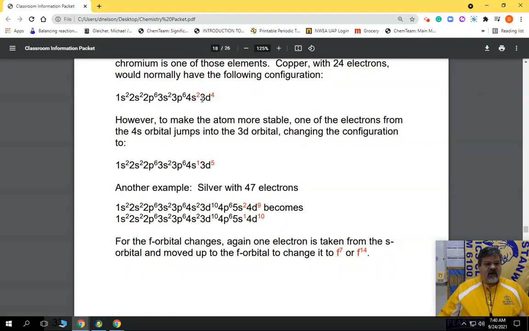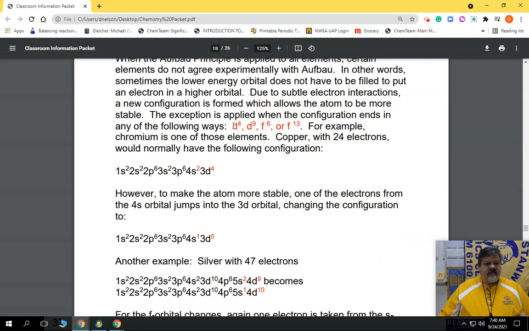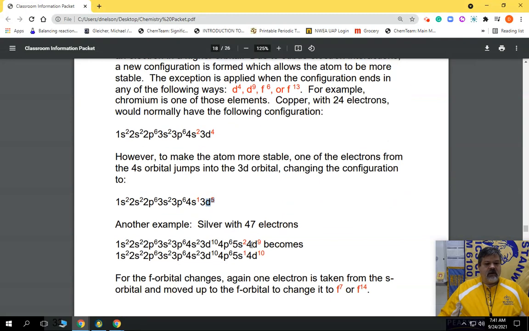I want you to read through them, but notice that if we end in d4 or d9 or f6 or f13, that's where we have the exceptions. So if I ended in d4, I would add 1 to the d's and take 1 away from the s's. Notice here, d9, I take 1 away from the s and give it to the d, and this would be the correct one.